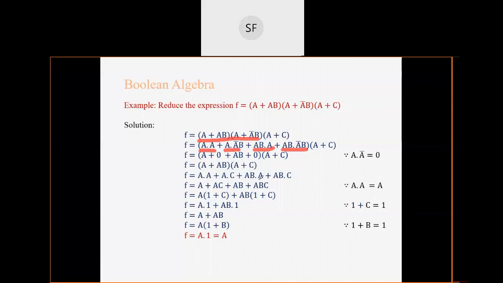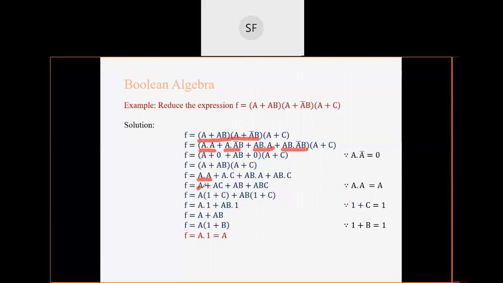So dot or multiplication, it is always an AND operation. So again we have used here a dot a is nothing but a, a dot c is ac, then ab dot a is again ab, one a will be removed, ab dot c will be abc.